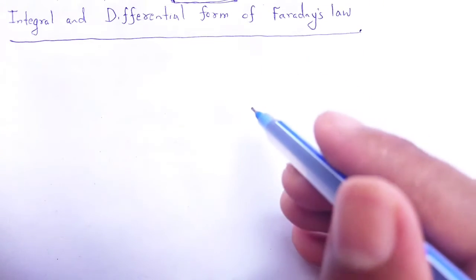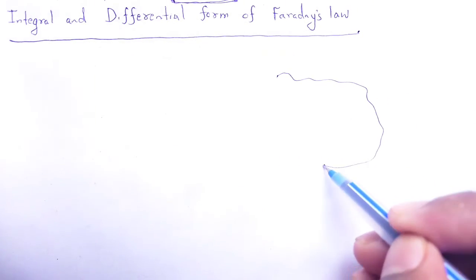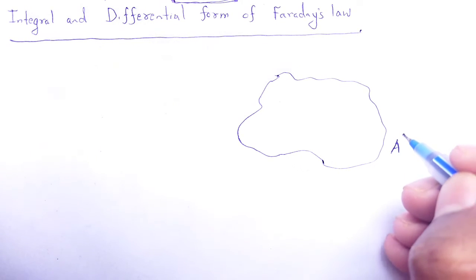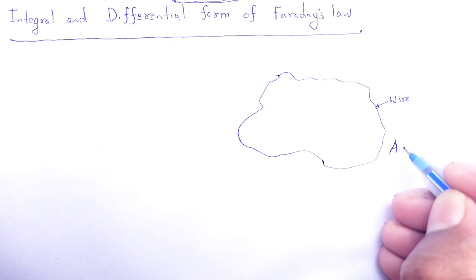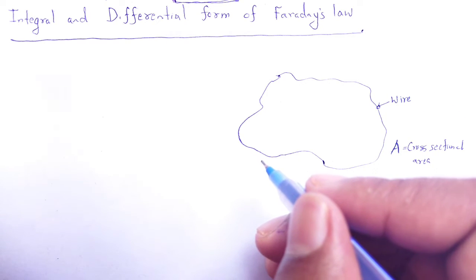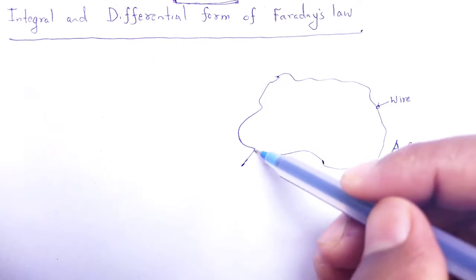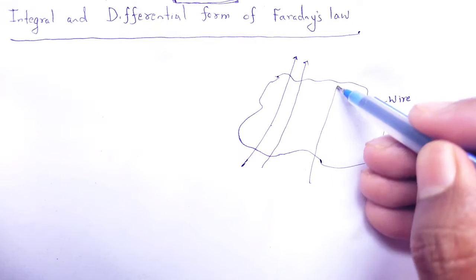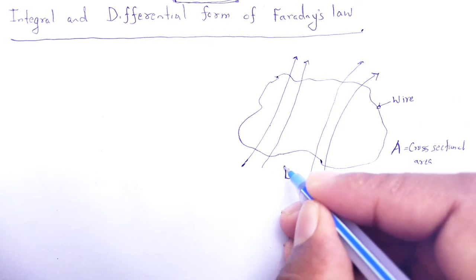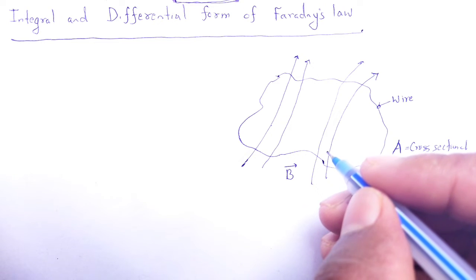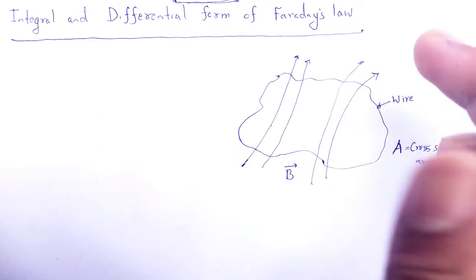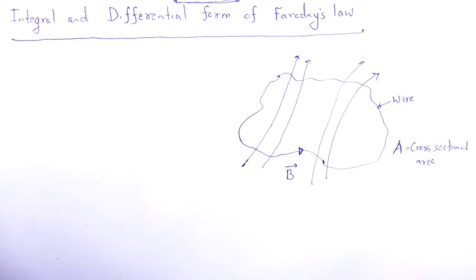Let us consider a loop of wire having the cross sectional area A, that is placed in a uniform magnetic field having magnetic field strength B. Current flows in this direction.